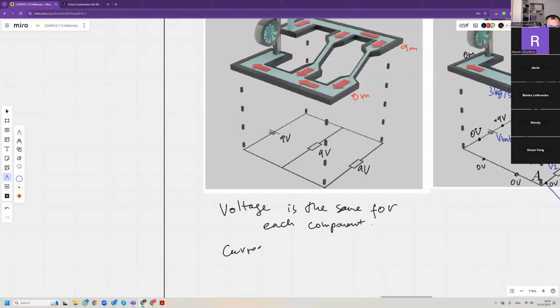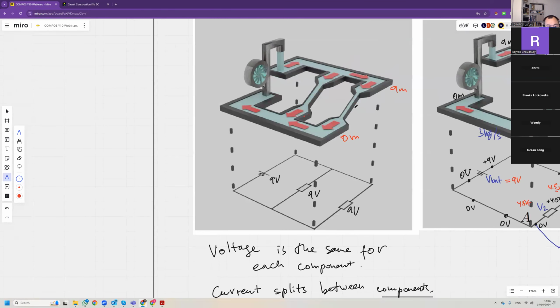Current splits between components. And we can see that here is a narrow tube, and here is a wider tube. That means there's more water flowing through this component. So let's say the current here is 7 kilograms per second. We could have 5 kilograms per second here and 2 kilograms per second here.